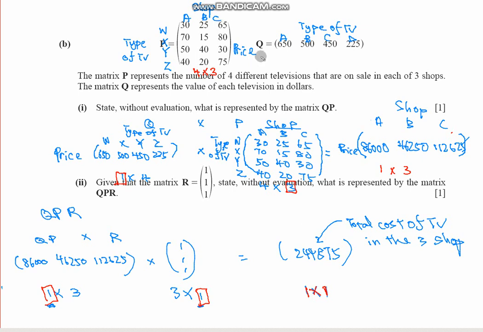Now Q represents the value of each television in dollars. There are 4 columns here.